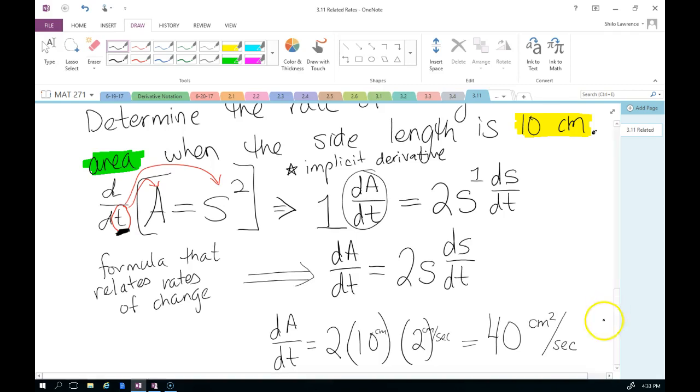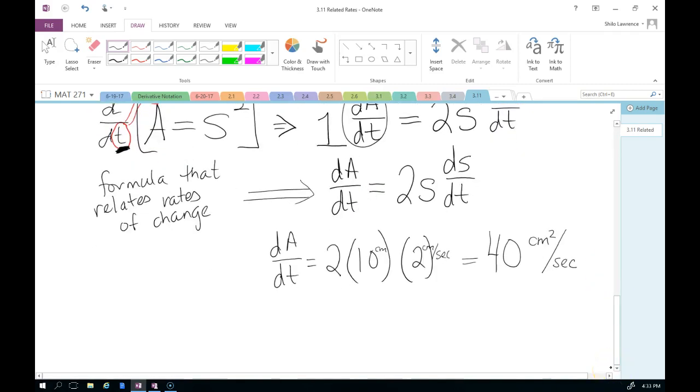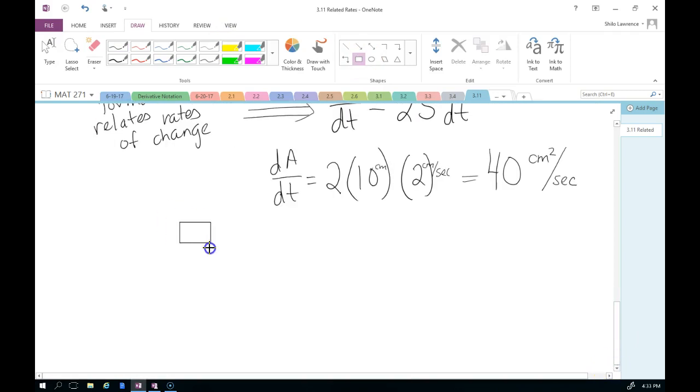So you can try to imagine, or I can try to do it here with a little picture. We've got this square that's just getting bigger and bigger, and what we're doing is we're just measuring how the side length is getting bigger, but also at the same time the area is getting bigger. So it starts off small, and the side length is continuously getting bigger by 2 centimeters per second.